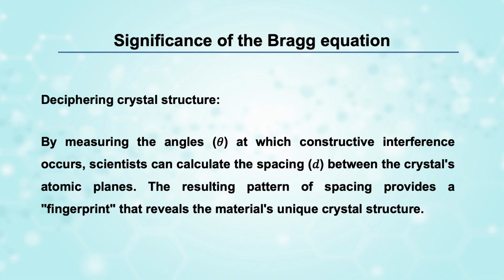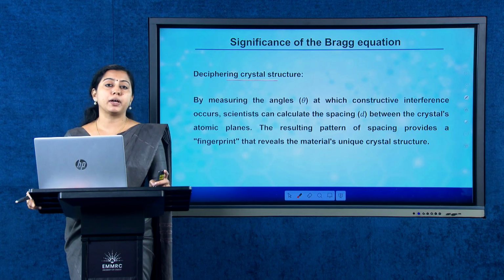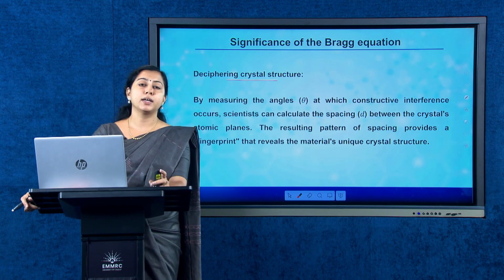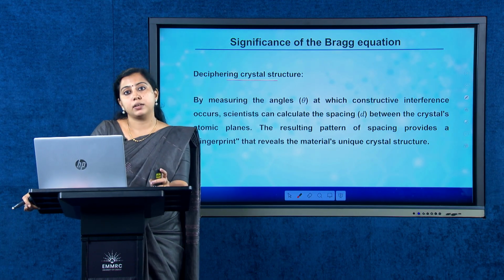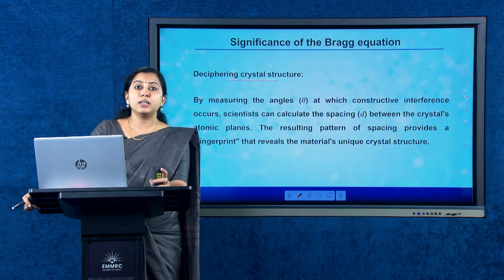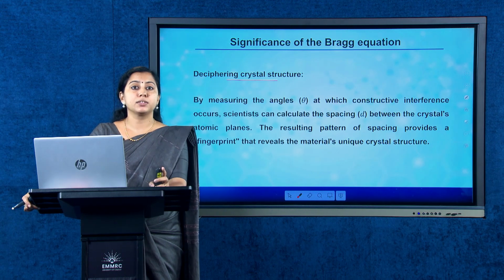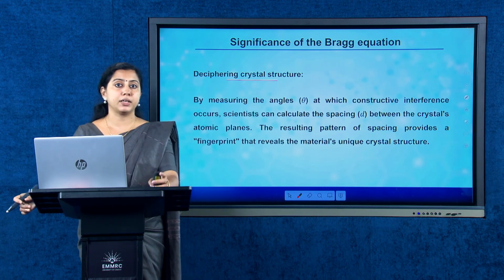The resulting pattern of spacing provides a fingerprint that reveals the material's unique crystal structure. The diffraction pattern produced by each crystalline solid is completely unique, thereby serving as a fingerprint that reveals its characteristic properties. So, this is the significance of Bragg's equation.